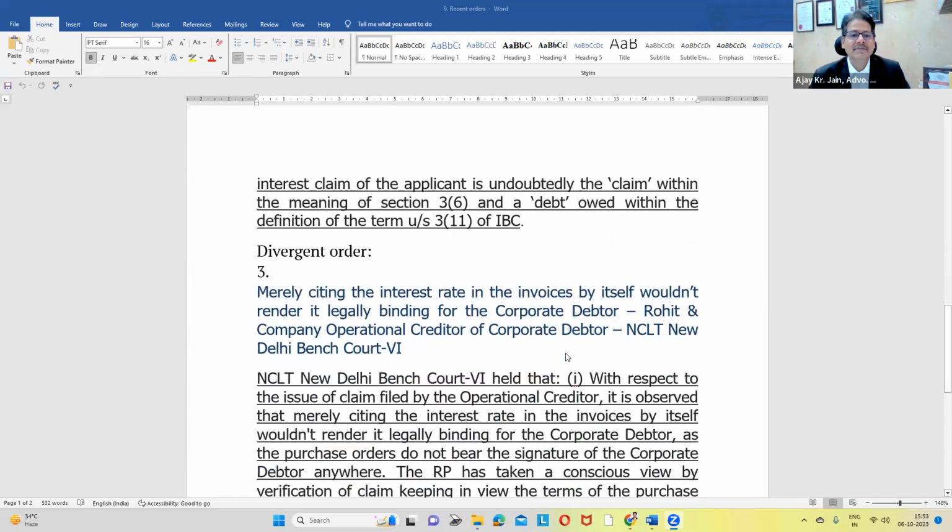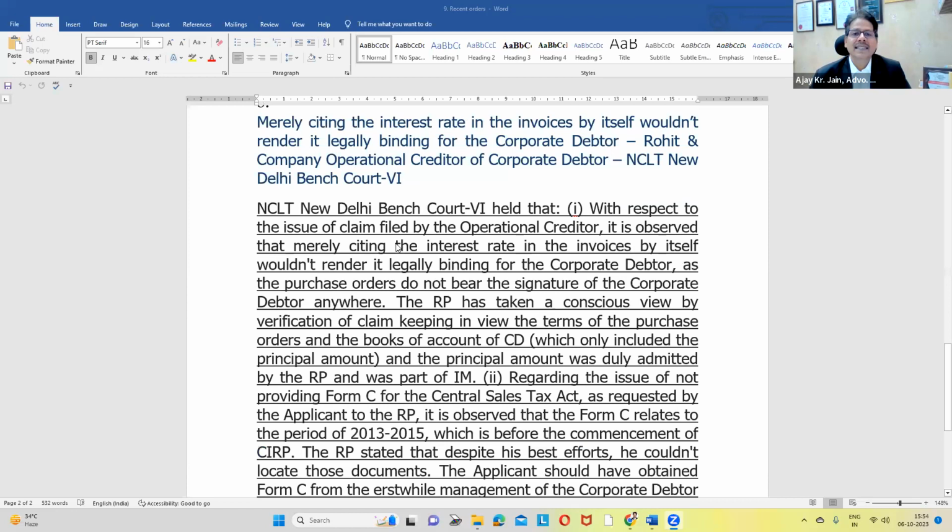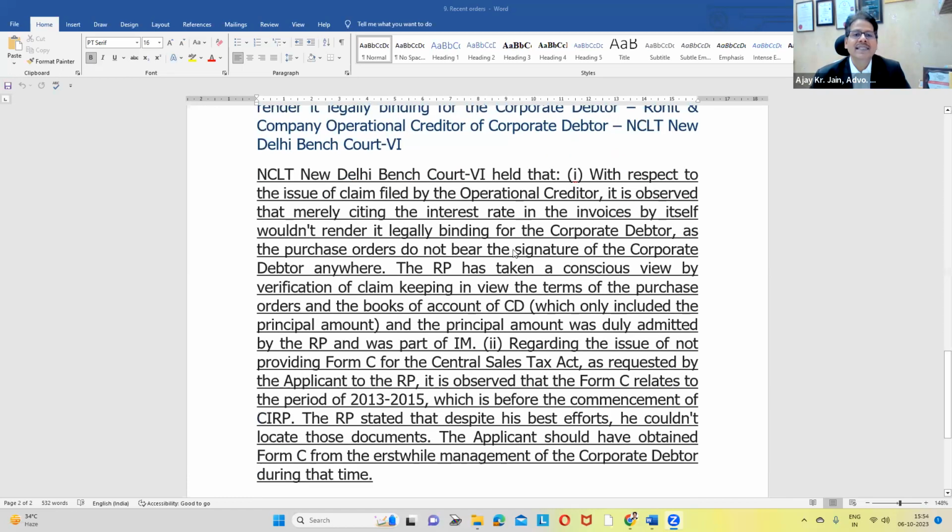Now come to another judgment, of the Delhi bench. Merely citing the interest rate in the invoice by itself would not render it legally binding for the corporate debtor. Rohit and Company was the operational creditor here. The NCLT Delhi Bench 4 held, with respect to the claim filed by the operational creditor, that merely citing the interest rate in the invoice by itself would not render it legally binding for the CD, as the purchase orders do not bear the signature of the CD anywhere.